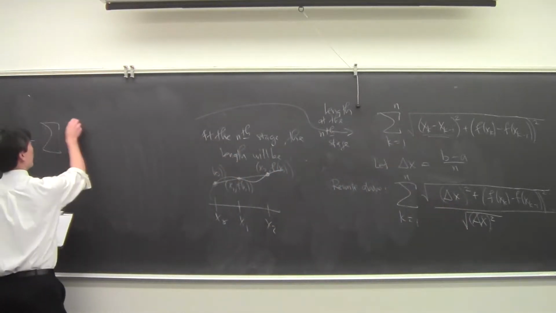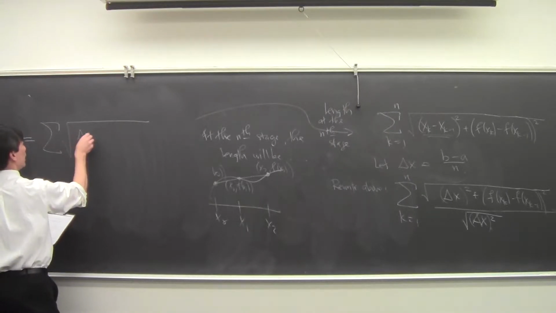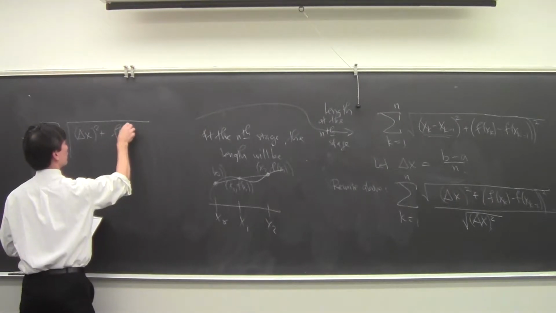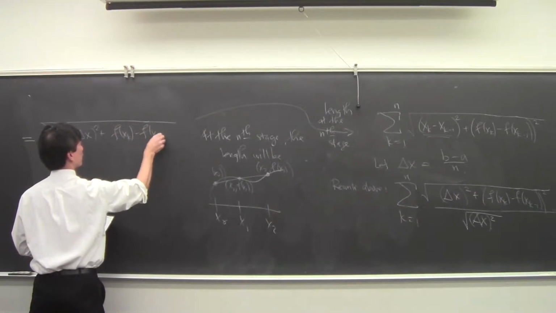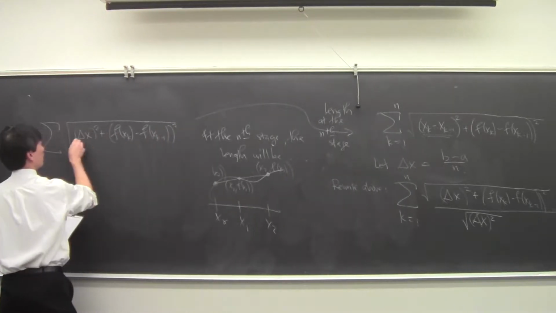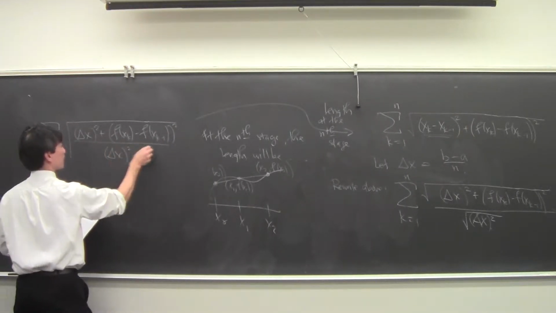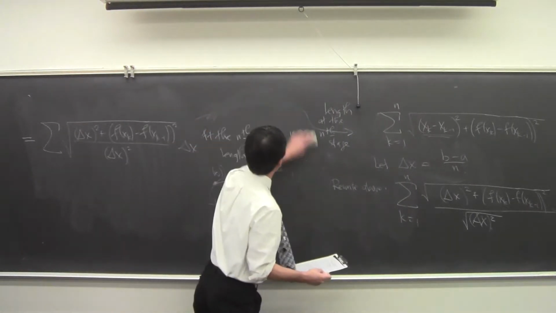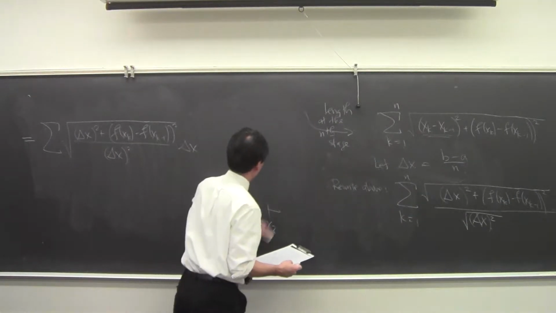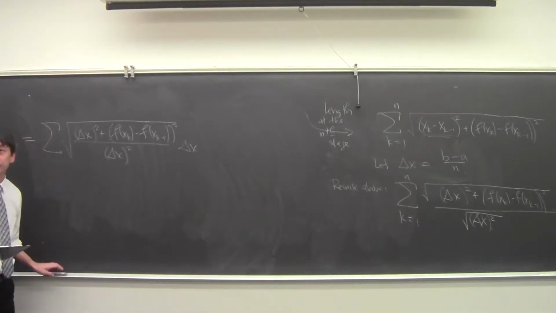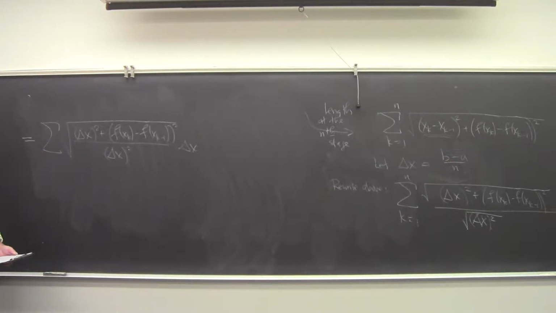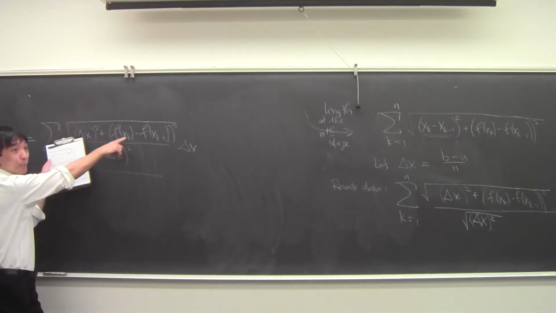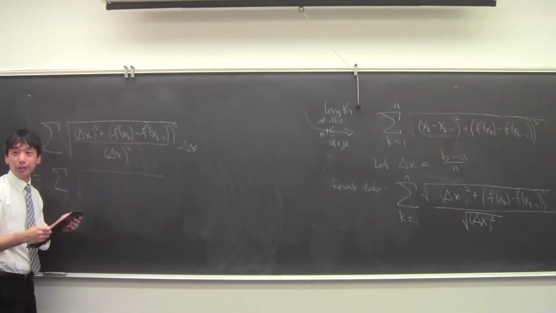It's just the square root of delta x squared plus this expression, everything over delta x squared, with delta x on the outside.